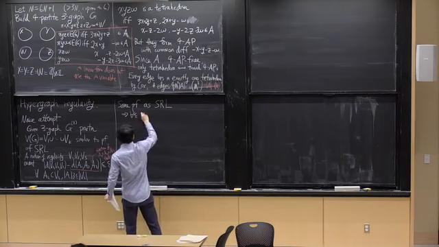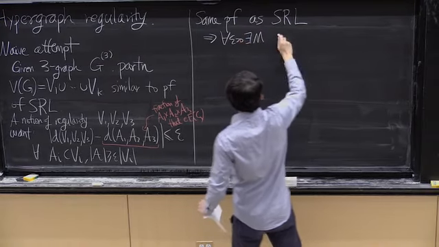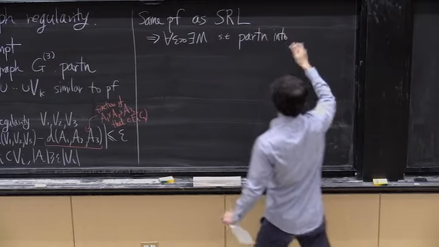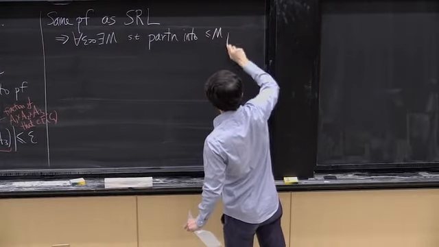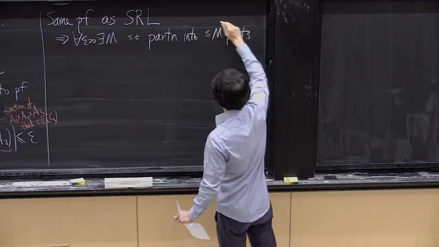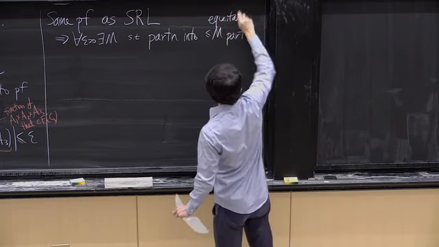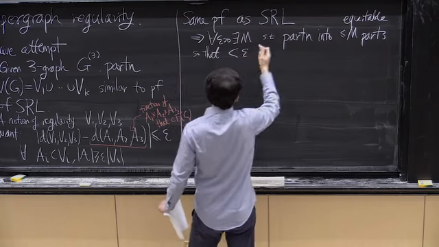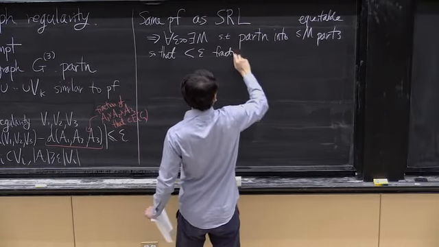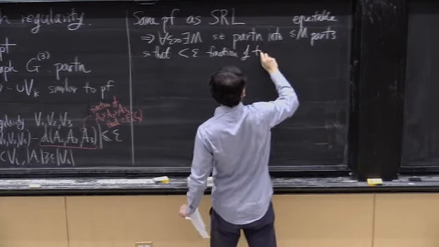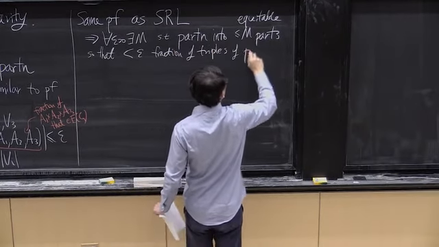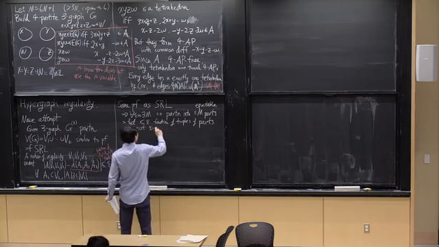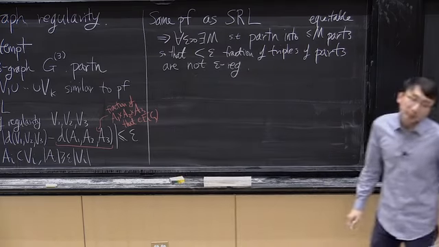So for every epsilon, there exists an M such that we can partition the vertex set into at most M parts, even equitable if you like, so that at most an epsilon fraction of triples of parts are not epsilon-regular in the sense that I just said.